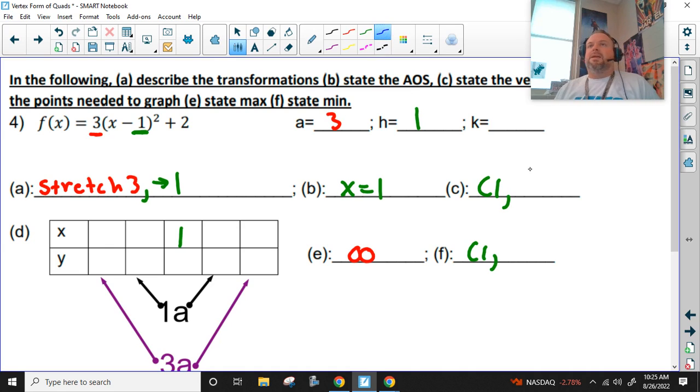And our K value is 2. So this goes up 2. We put a 2 here, a 2 here, and a 2 here.